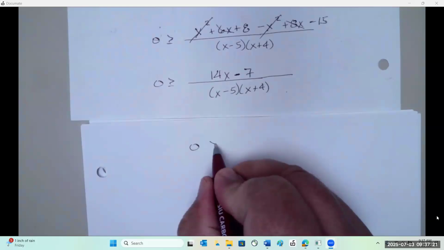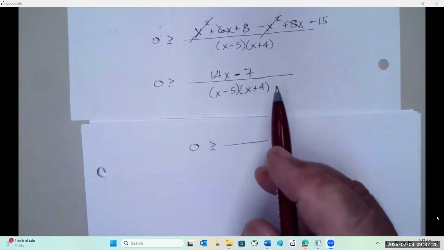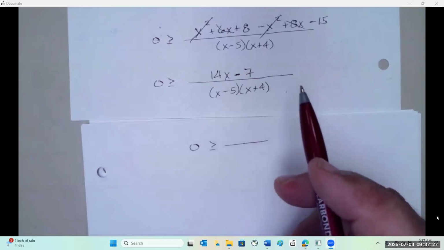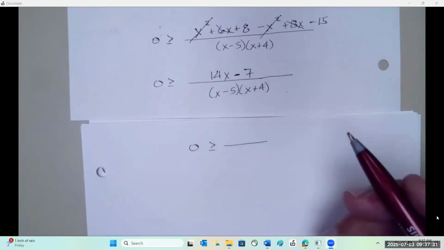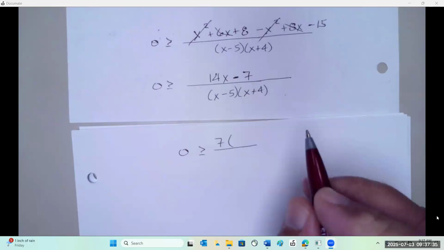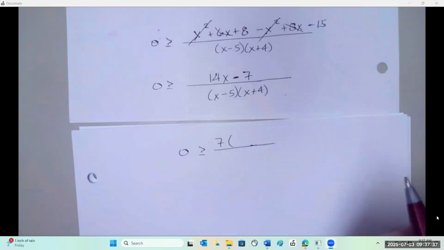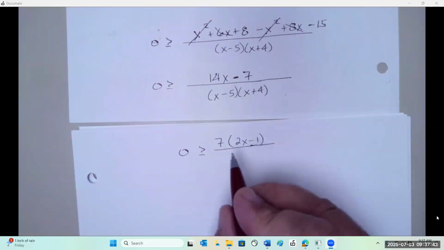Would that be factored on top? Yes, always go as far as you can factoring because it makes numbers easier. So what can we factor out of the top? They both have a 7 in common. So take out a 7, leaving us with 2x minus 1.